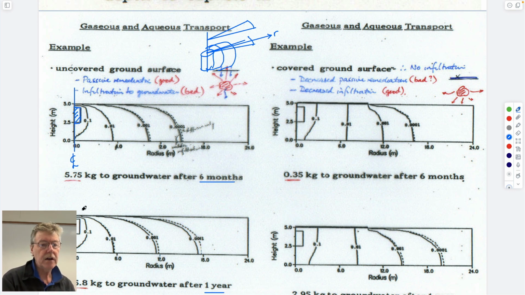And the two cases are when this is open, and so this is allowing infiltration to fall down here. And the mass that comes in 6 months is 6 kilograms, dissolved from here, and in a year is 16 kilograms, so slightly more.